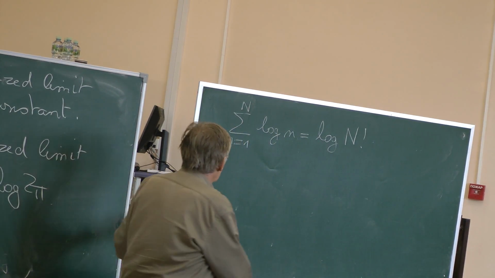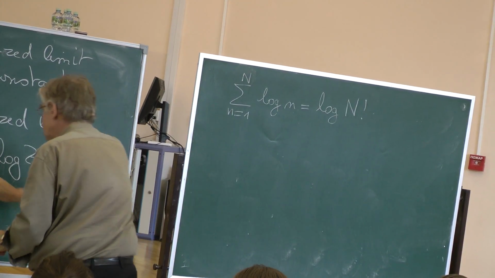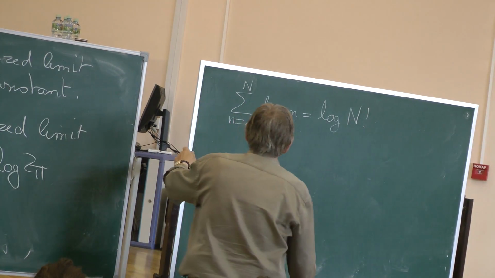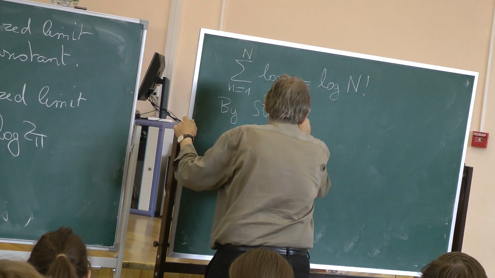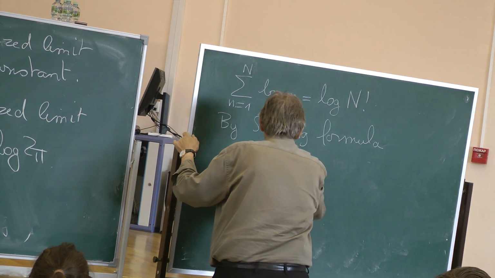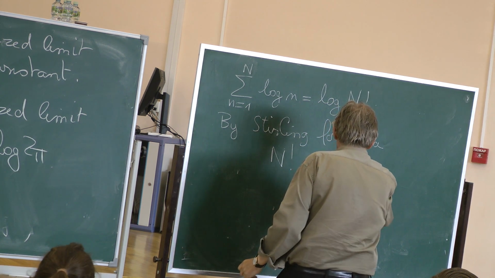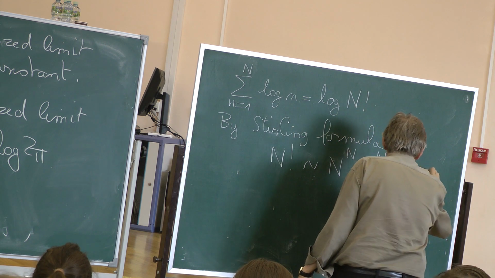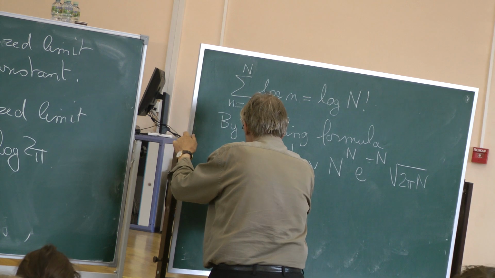And of course we have Stirling's formula. Excuse me, it's not minus, it is plus. By Stirling's formula, n factorial is equivalent to n to the power n, e to the power minus n, square root of 2 pi n when n goes to infinity.